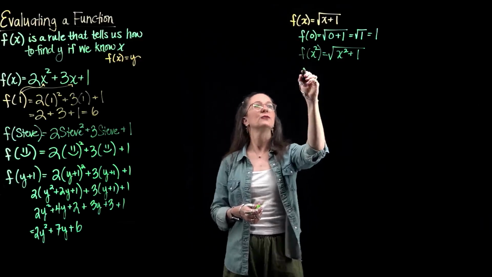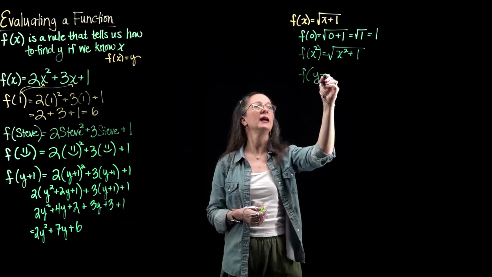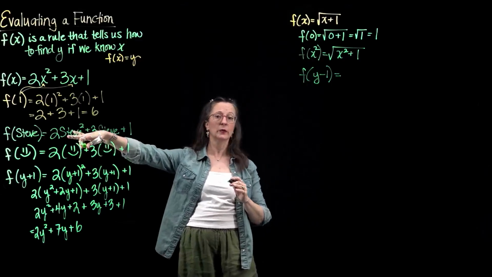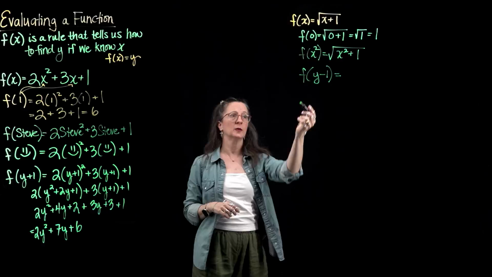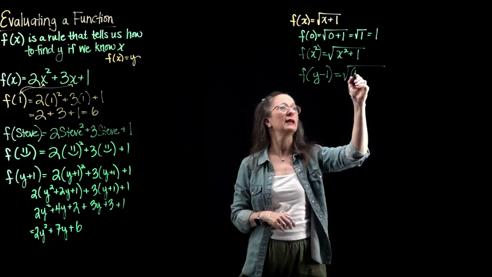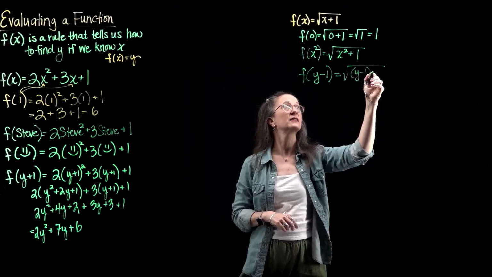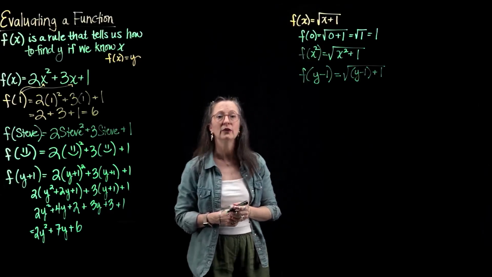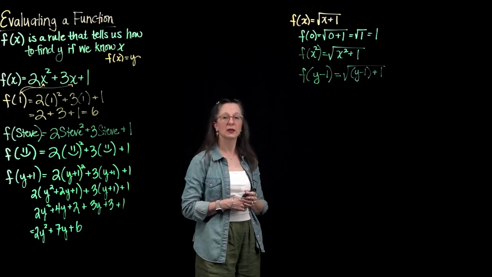All right, what if we had f of y minus 1? Well, think back over here to when we found f of x squared. We're going to put y minus 1 directly in place of x in our original rule. So I would have the square root of y minus 1 plus 1.